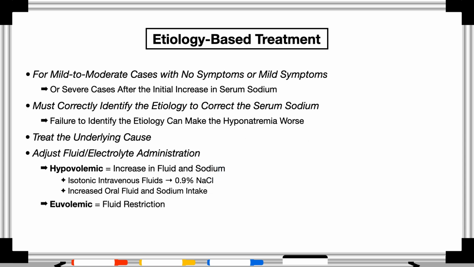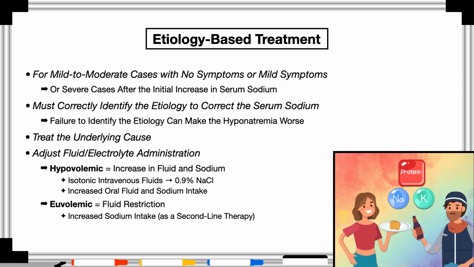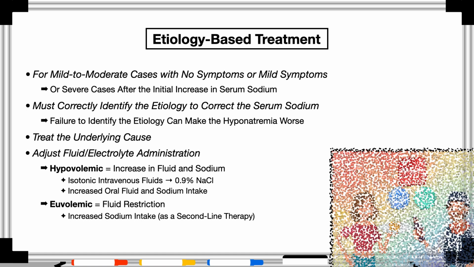Patients with euvolemic hyponatremia require a fluid restriction. High salt foods and beverages or salt tablets can be added as a second-line therapy if this does not sufficiently increase the serum sodium level in patients with SIAD, a cortisol deficiency, or thiazide-induced hyponatremia. Those with a low solute diet will need a simultaneous increase in solute from sodium, potassium, and protein.